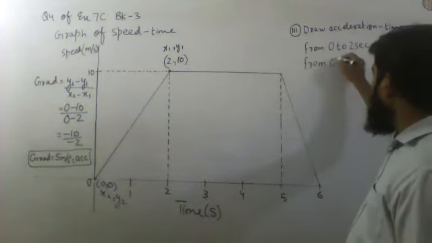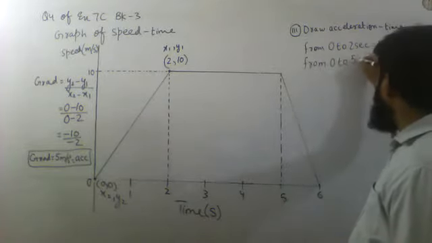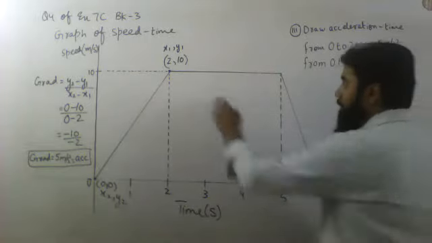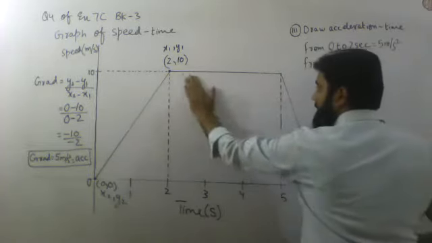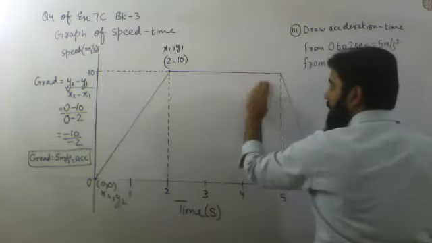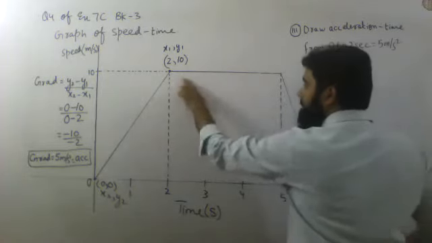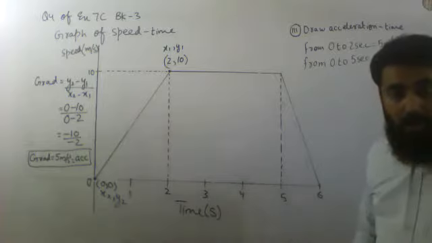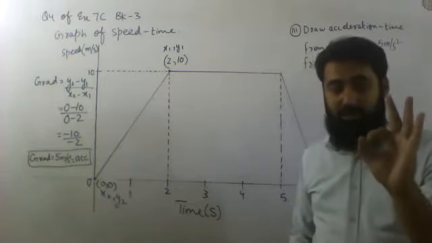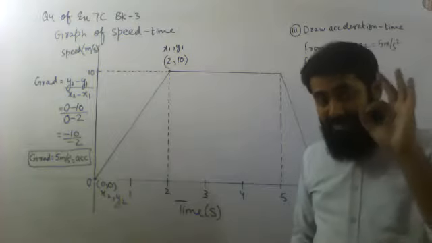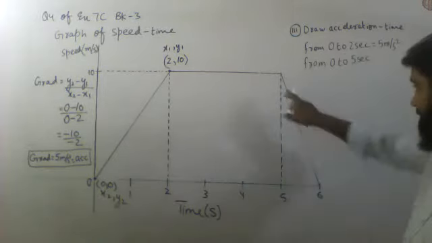I have told you that in this speed time graph, this horizontal line shows constant speed, and constant speed means zero acceleration.